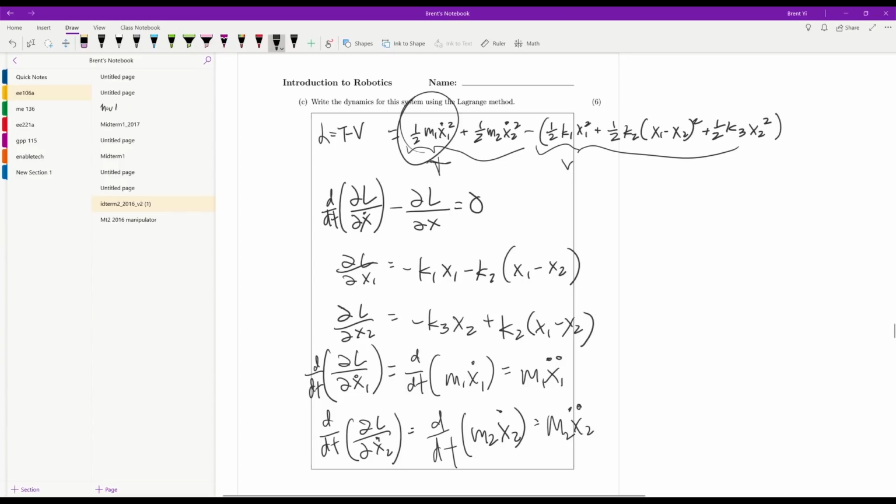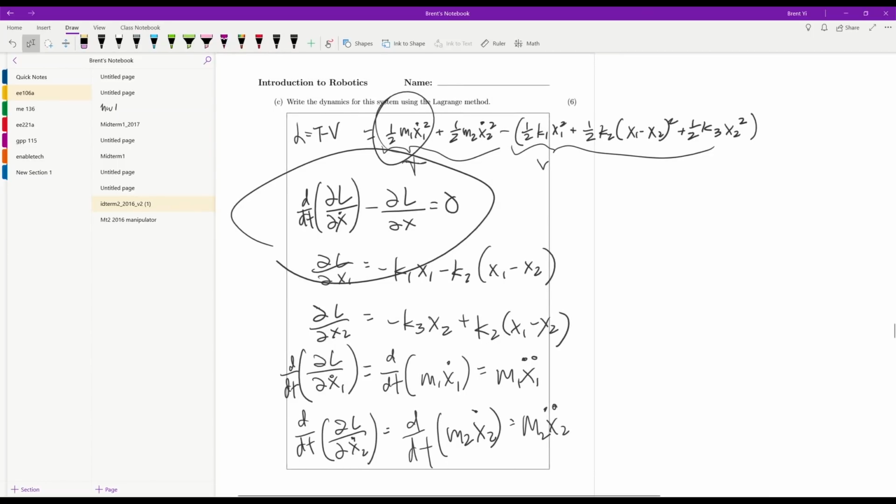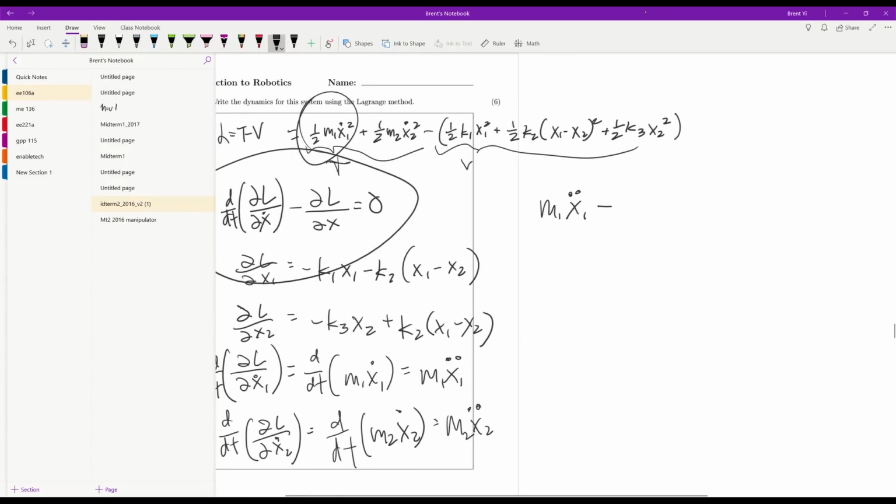That'll give us our equations of motion. The first one will be m1 x1 double dot, I'll just simplify here, plus k1 x1 plus k2 times x1 minus x2 is equal to 0.